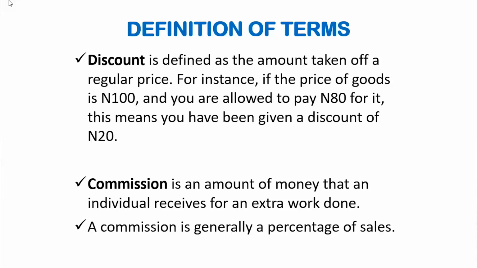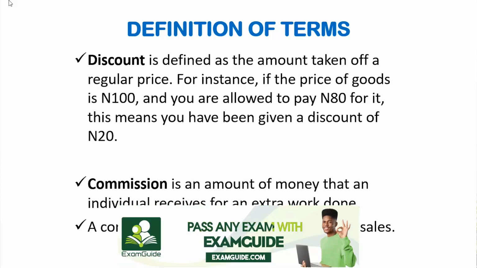So that amount taken off the actual amount of a product is called the discount. That discount may be in direct amount, or it may be given to you in percentage. So it's good you know how to calculate this, okay?